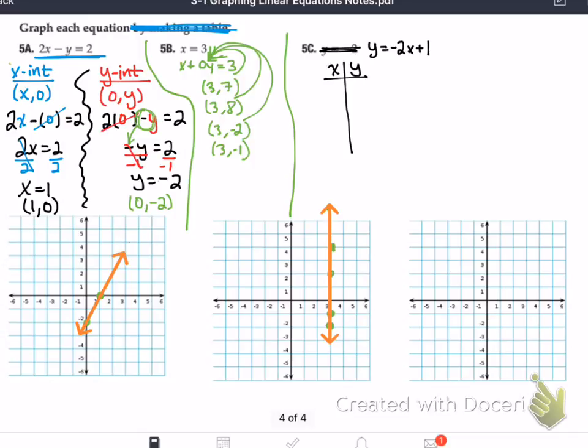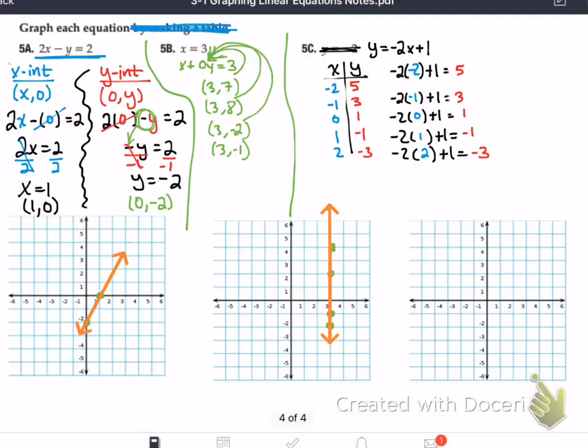Then choose numbers like negative 2, negative 1, 0, 1, and 2. A lot of students ask me, where do I get these x values from? I'm just making them up. These are just numbers I'm plugging into this equation, and then I'm seeing what y values I get. So plug those in and see what y values you get.